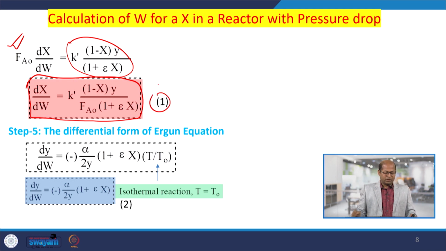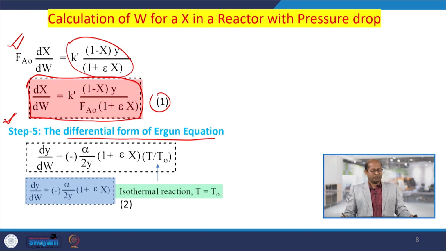Okay. Now, the differential form of the Ergun equation that we have also discussed is dy by dW equals minus alpha by 2y into (1 plus epsilon X) into T by T naught. That is the differential form of the Ergun equation, where the pressure and the weight of the catalyst are related. The details of these derivations we discussed in our previous class, and here we directly use these equations.